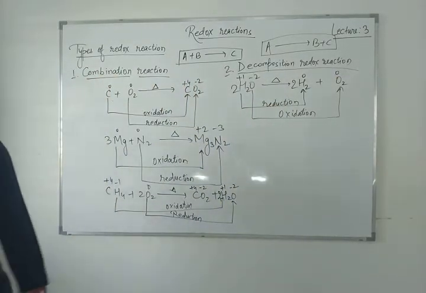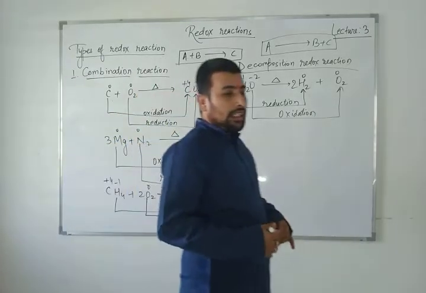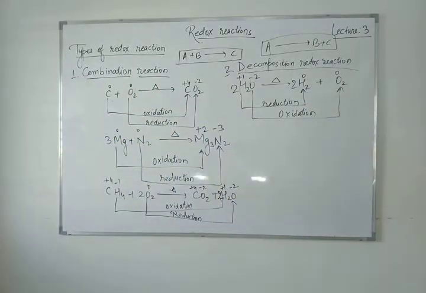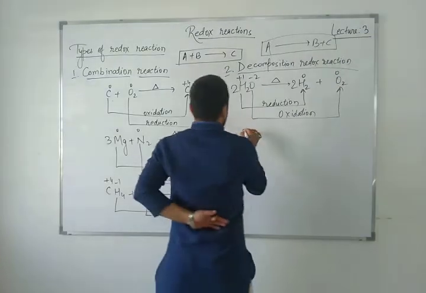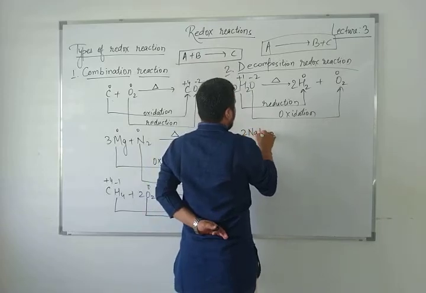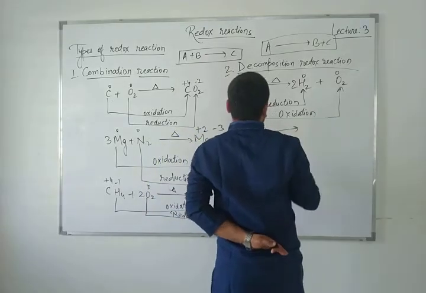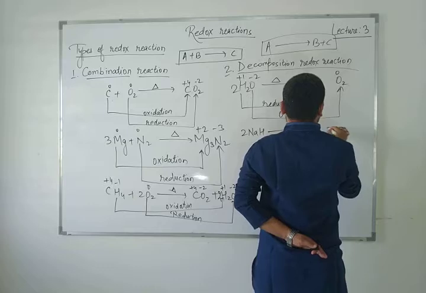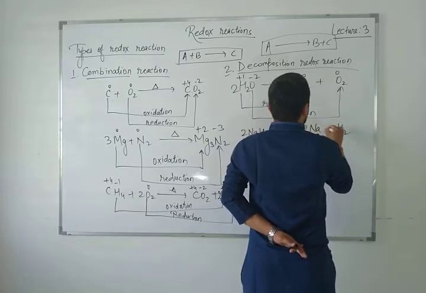Right? Now I will talk about another type of decomposition reaction, sodium hydride. Sodium hydride means NaH. 2NaH will break down into sodium and hydrogen, Na and H2. Right?